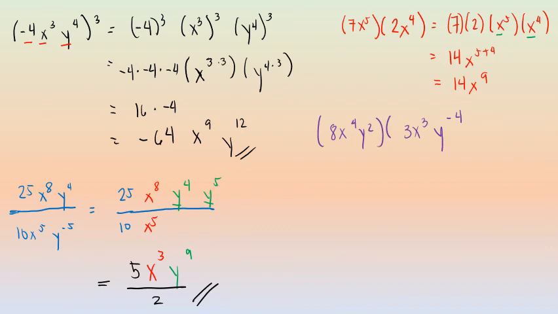So, isa-isahin natin ito, class. So, we have 8 multiplied by 3. Ito po yun, yung mga whole numbers. Then we have x raised to 4, x raised to 3, then y squared, and then what we have here is y raised to negative 4.